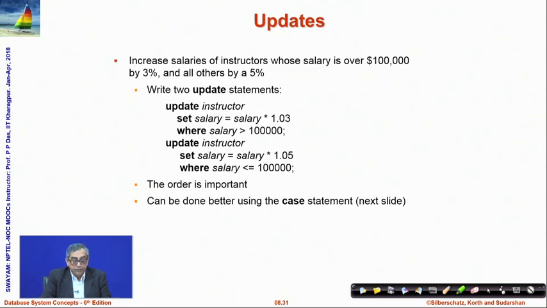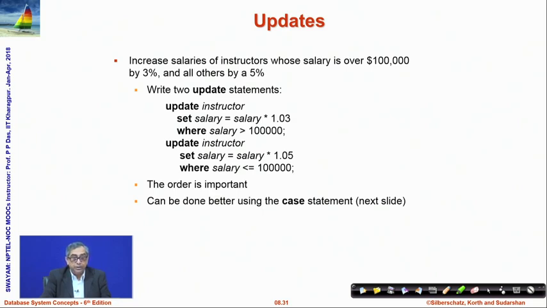Updates can be done based on particular values. You can update the values of specific fields. Here, in the first case, we are giving a 3% salary raise for salaries more than 100,000 and a 5% raise for salaries less than or equal to 100,000.